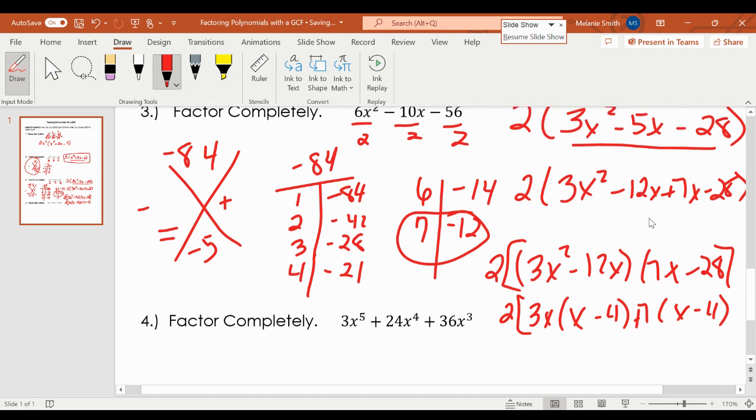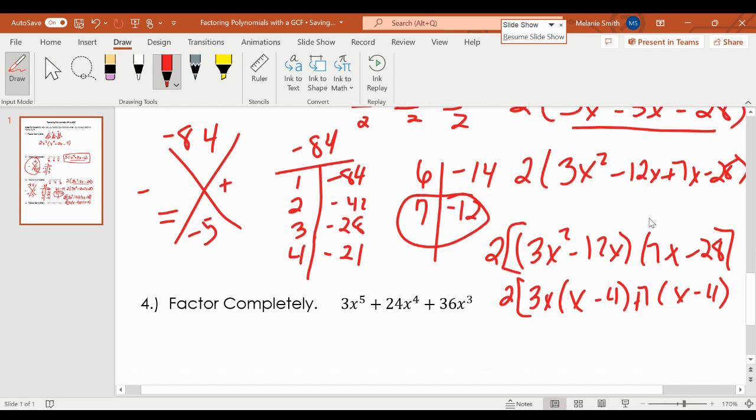If I scroll down just a little bit to give myself some space to write, I have 2 times x minus 4, and then my 3x plus 7. Okay, so just pause for a second if you need to get that written down. I'm going to go ahead and go on to number 4.